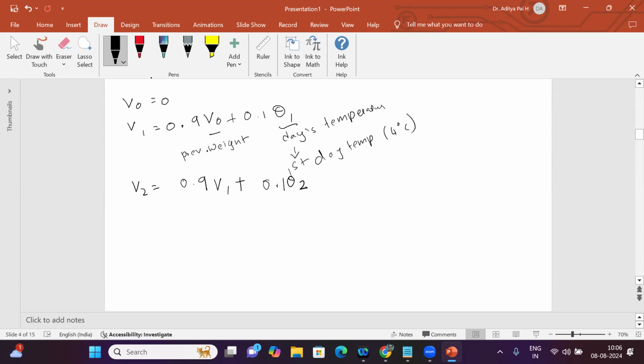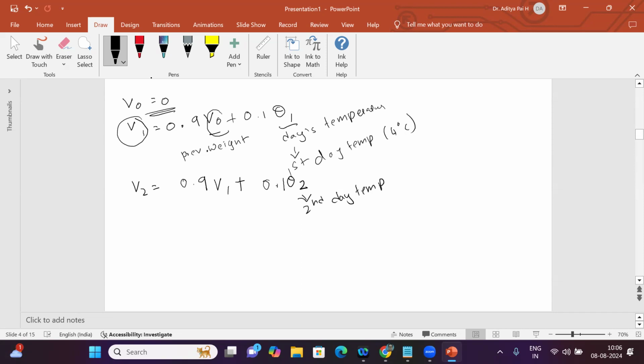This is for the second day temperature, where I am applying 0.9 times the previous weight. So what was the previous weight? This was the previous weight v1. In the earlier case, the previous weight v0 was anyway initialized to 0.